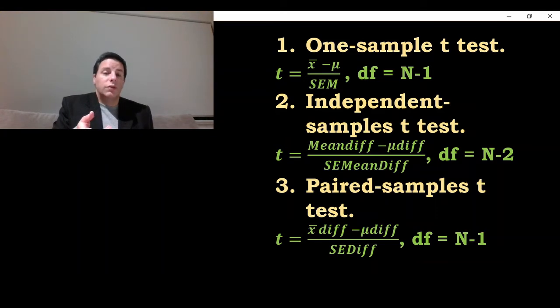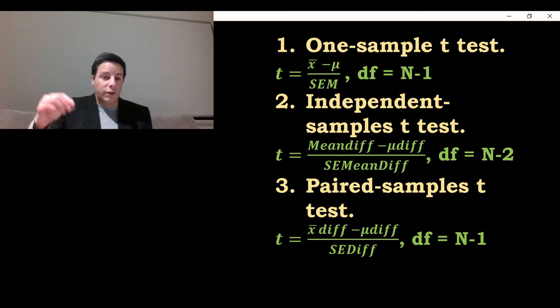And we do that thousands of times, so now we are going to have thousands of differences between two means. And we can generate a distribution of those, and that distribution has a mean and it has a standard deviation. The standard deviation is what we call the standard error of the mean difference. Now, the formula here is a bit more complicated. It uses the standard deviations of the two groups in our sample, a combination of those.